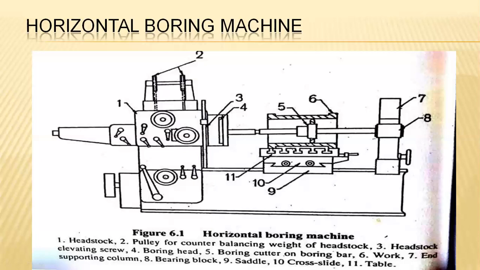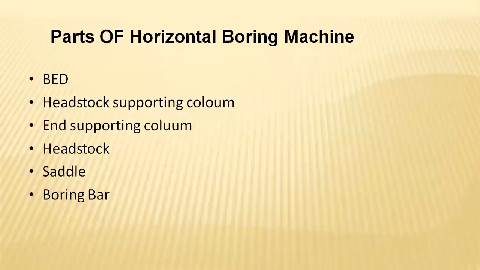These are the different parts existing in this horizontal boring machine, and the entire commencement of our work with respect to different internal bore diameters will be progressed by a skillful worker or operator.